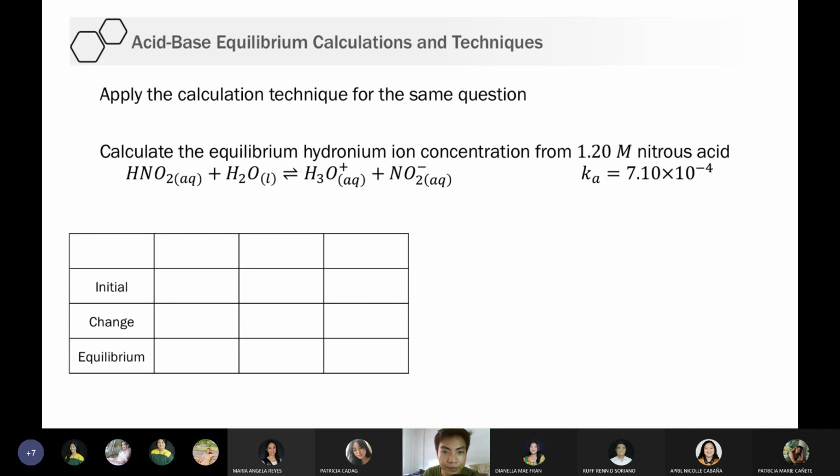So what is the first thing you do? Before you continue with the problem, you check first if you can use the small x approximation. How? Just look at your Ka, which is 10 raised to negative 4. So it looks like it qualifies.